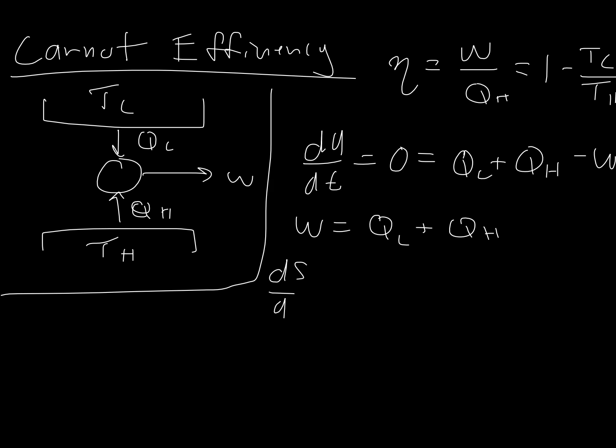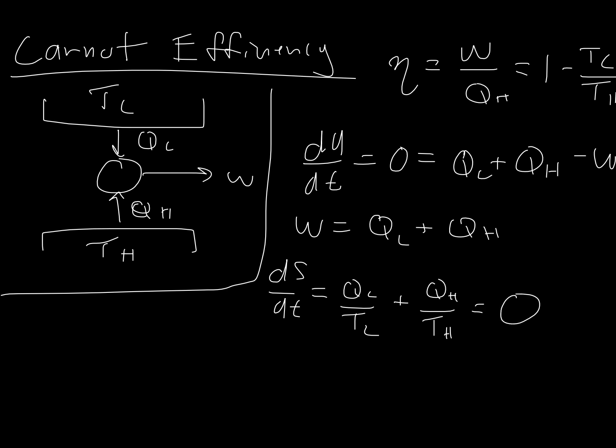Okay, so now let's do the second law. dS/dt is equal to what? Is it equal to a number or a constant number? What is it equal to? dS/dt would just be QC over TC plus QH over TH, and this is equal to 0.